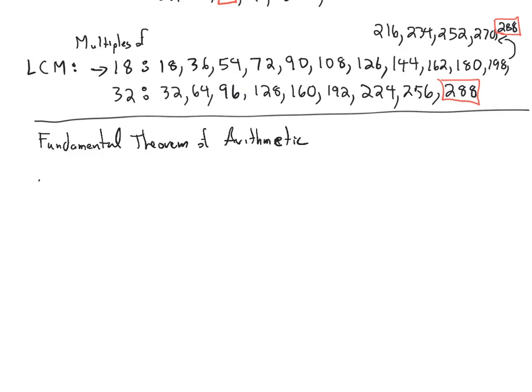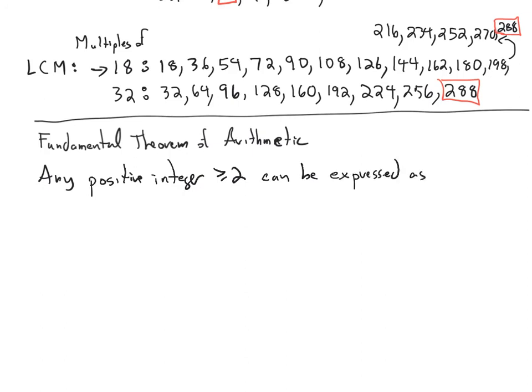It says that any positive integer greater than or equal to 2 can be expressed as a product of primes.